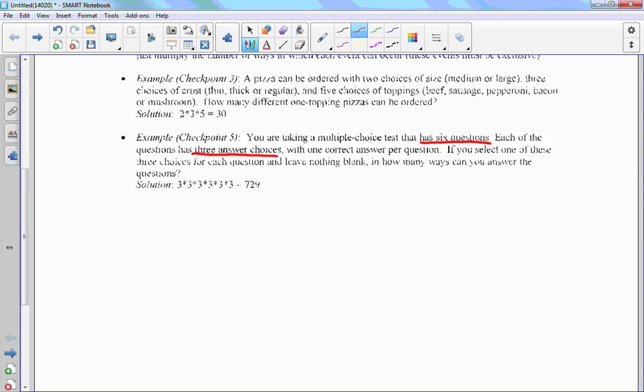So question number 1, how many choices do you have to fill in? 3. There are 6 questions. And then question number 2, you only have 2 choices now? No. We have 3 each time. And we have 6 of those, which is why you multiply and we get 729, you're right.